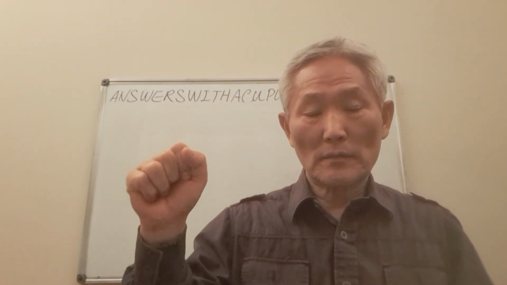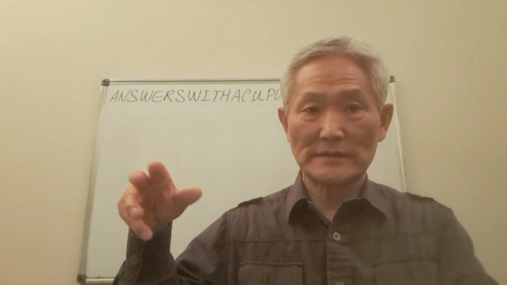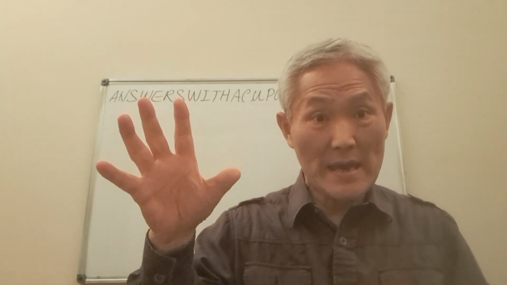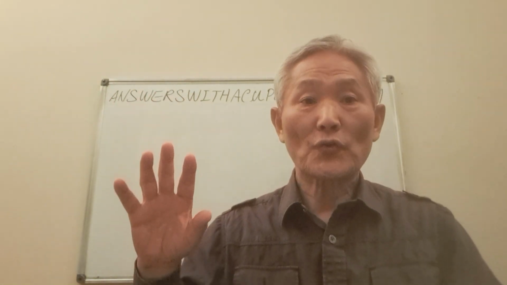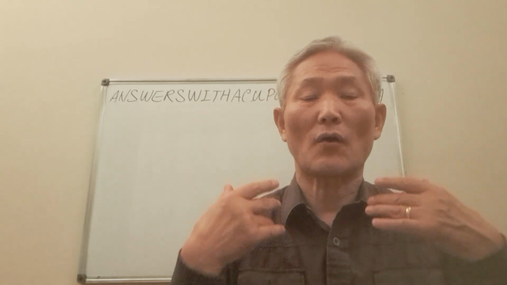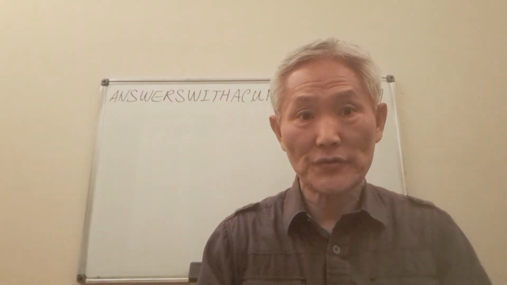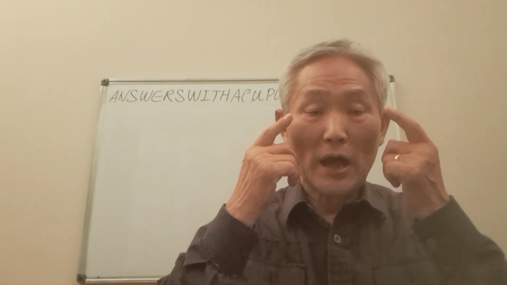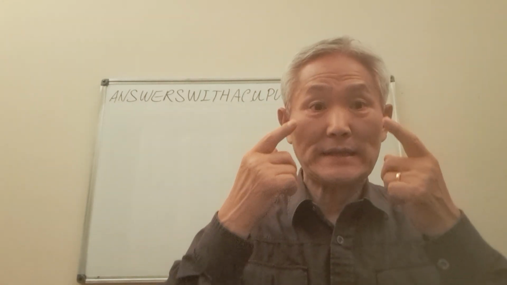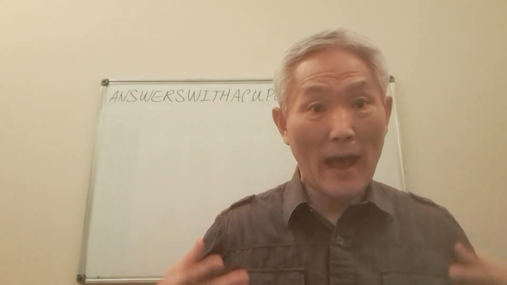The stomach and the large intestine, both of them we call Yang Ming. Those two organs have lots of heat according to acupuncture theory. So you may have more dead skin in the face than in other areas.